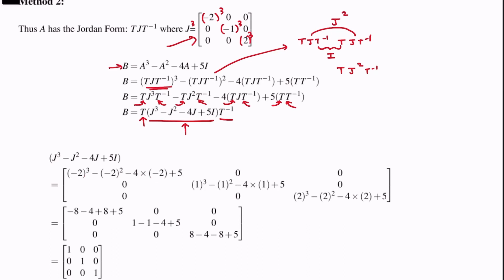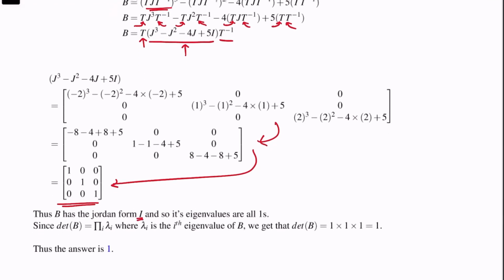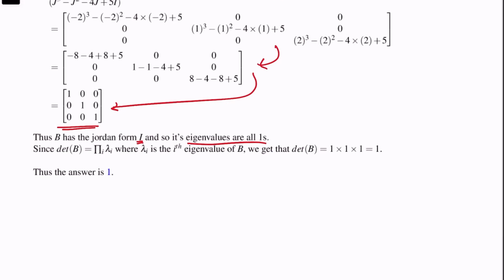Simplifying this gives us the identity matrix, and so B has the Jordan form I. That is, it's a diagonal matrix with ones on the main diagonal, so its eigenvalues are all 1. Thus, the determinant of B, which is the product of the eigenvalues, is equal to 1 into 1 into 1, and that's 1. So the answer that we need is 1.